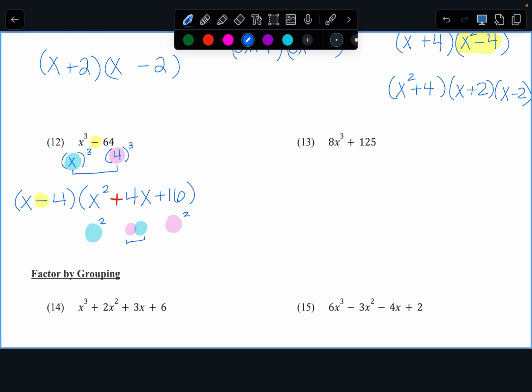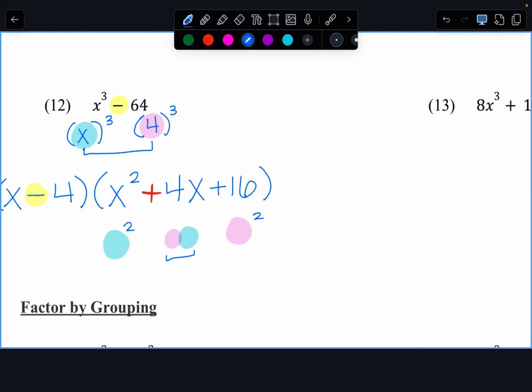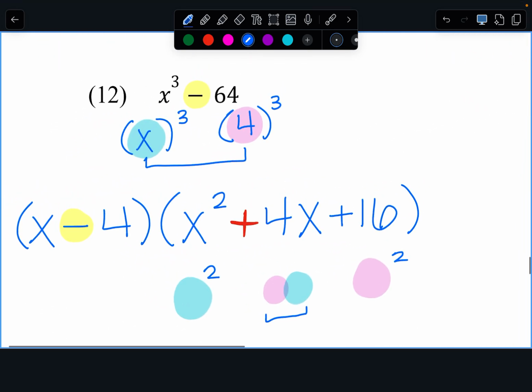Anybody need that one more time? Absolutely. For this, again, we're trying to figure out what times itself 3 times gives me x to the third. The only thing that does that is x. Also, what times itself 3 times gives me 64? 4.